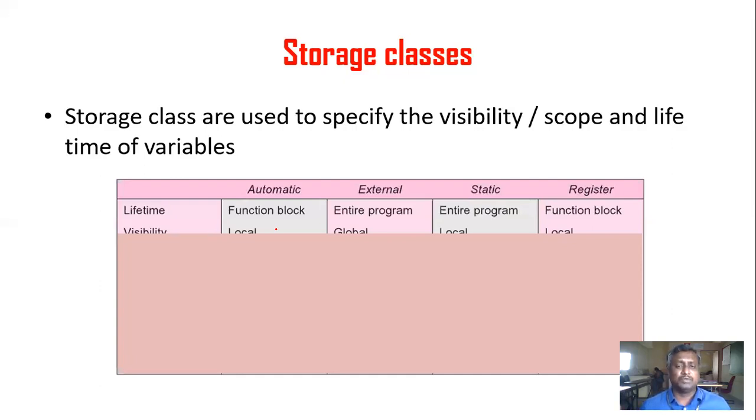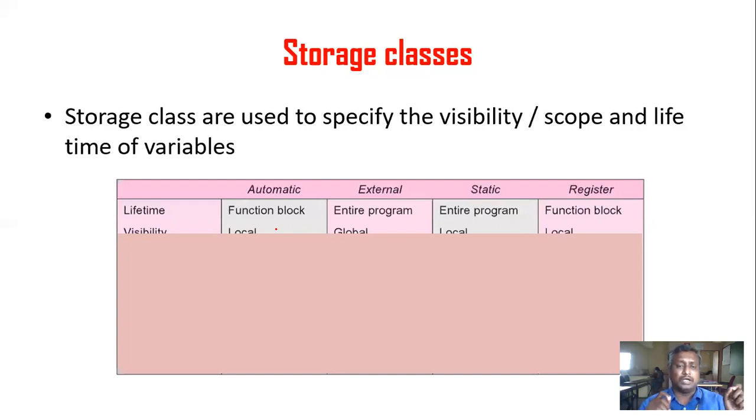Anywhere in the program, we can see that variable, take its value, make use of it, and modify it. Similarly, static has visibility local to a block, and register is also local to a block.